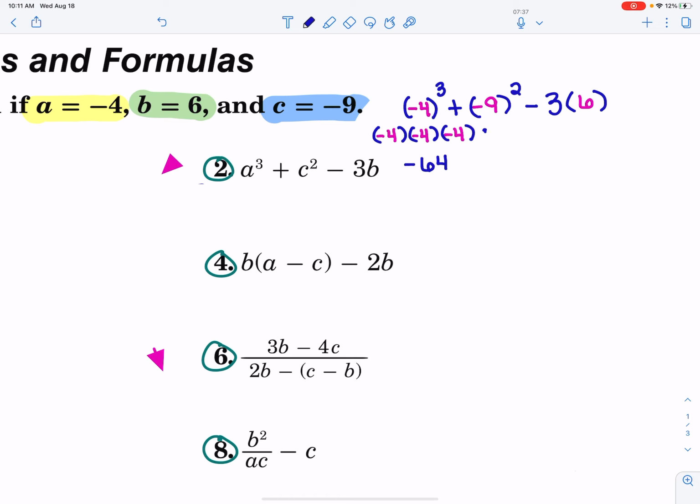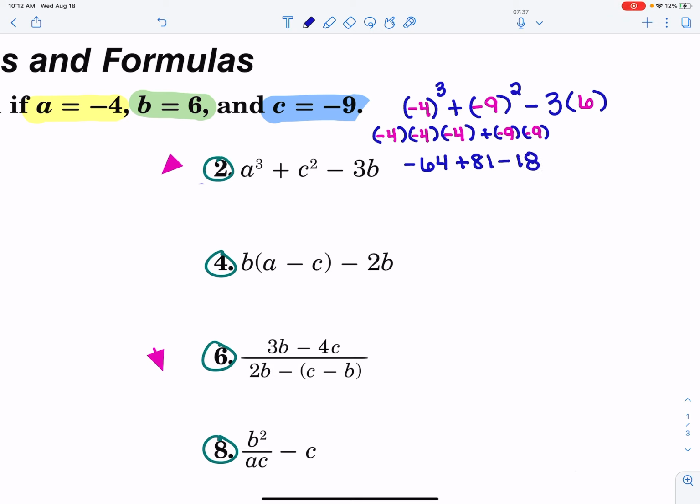We're actually going to be squaring the parentheses, and in each one is -9 and -9. That simplifies to +81. For the last term that we have there, we've got -3 times 6 will give us -18.